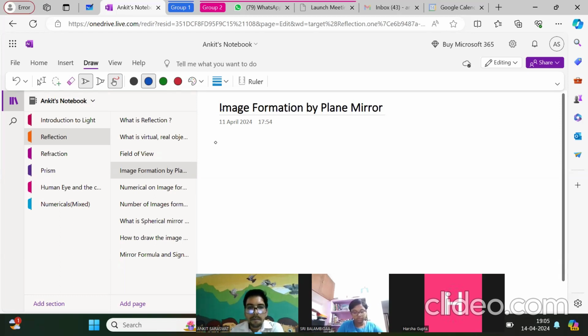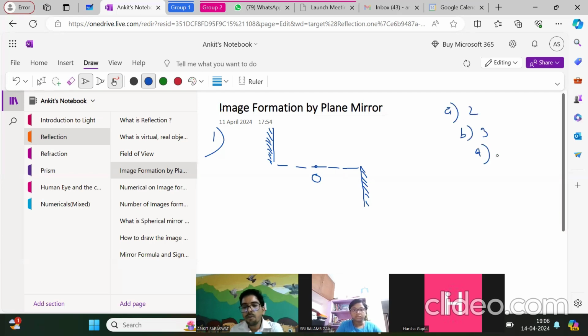For example, this is the plane mirror and one more plane mirror is here, and these two mirrors are here. In between these two mirrors, one object is placed. Can you tell me how many images are formed? Option A, 2, 3, option B, 4, option C, infinite. How many images will form?